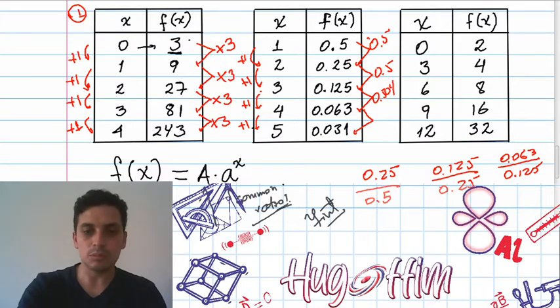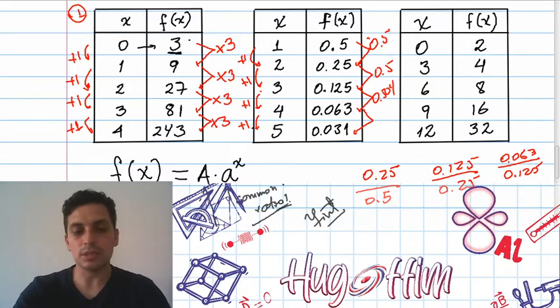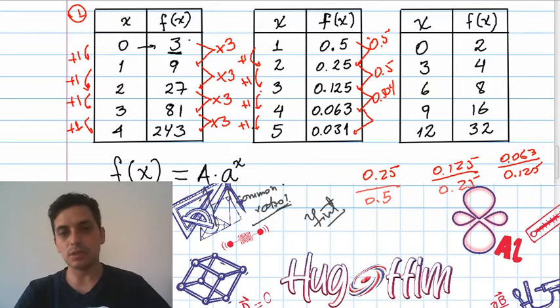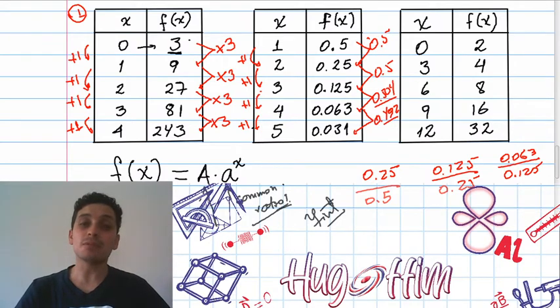So 0.031 divided by 0.063. I got 0.492. Okay, you can see that even though these two values are not equal to 0.5, all values are around the same common ratio.